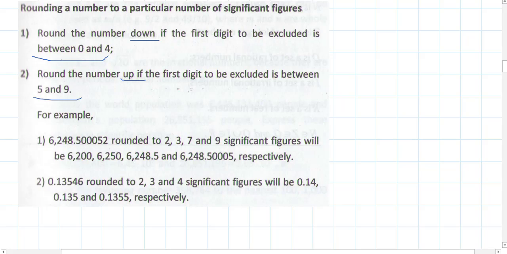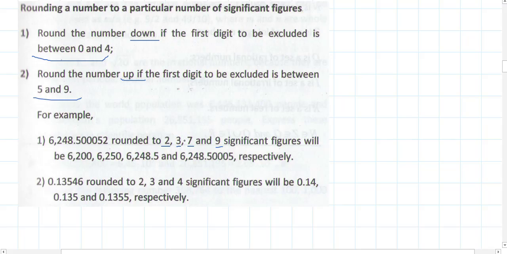For example, 6,248.50052 rounded to 2, then 3, then 7, and 9 significant figures. If it is rounded to 2 significant figures, it is 6 and 2, and the other digits go down because the next one, 4, is less than 5. That's why it's 6,200.